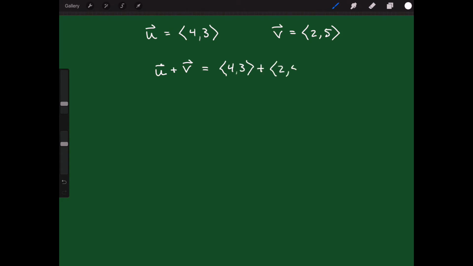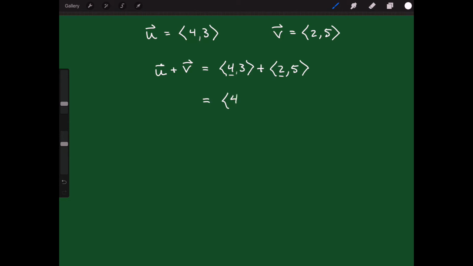Okay, let's do one more example like this just to see how this works. So let's say that I have a vector u that's equal to 4, 3, and I have a vector v that is equal to 2, 5. Then I could ask the question, what is u plus v? And the answer is, well, u plus v is 4, 3 plus 2, 5, which is equal to, now I'm going to add the x components together.